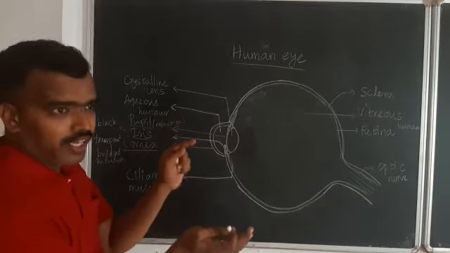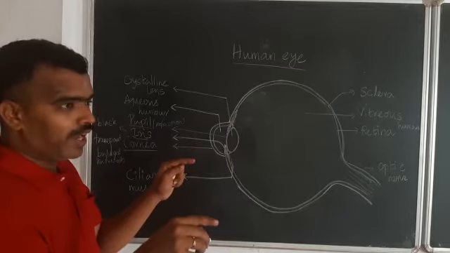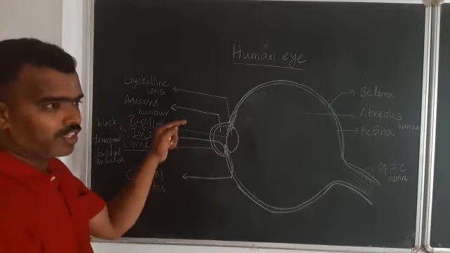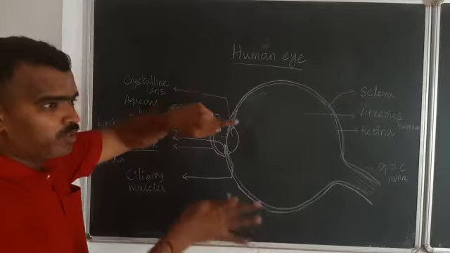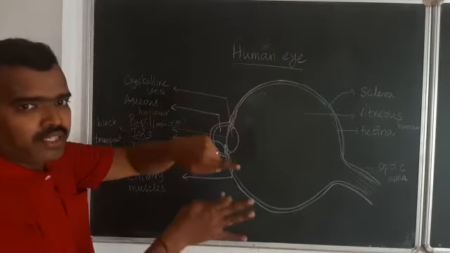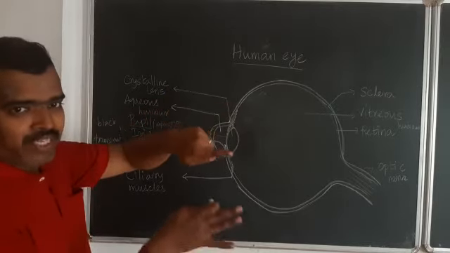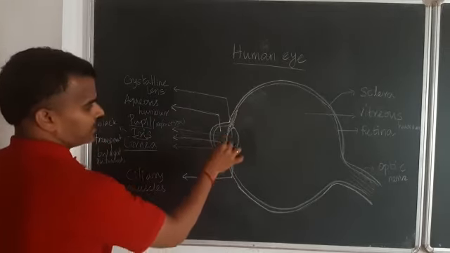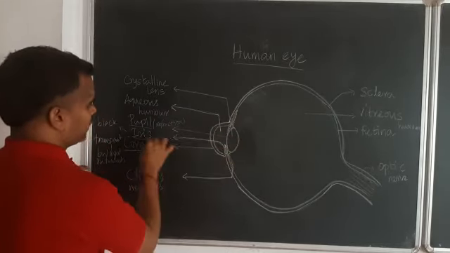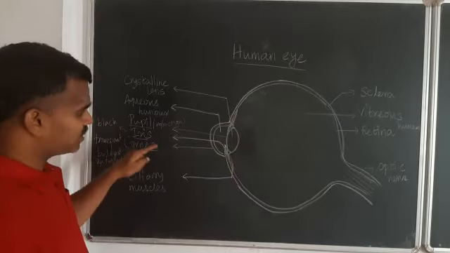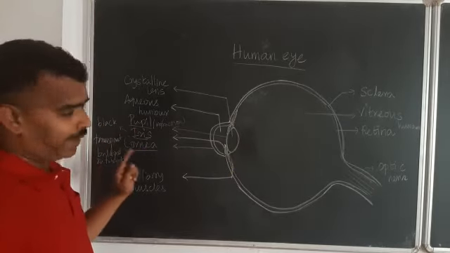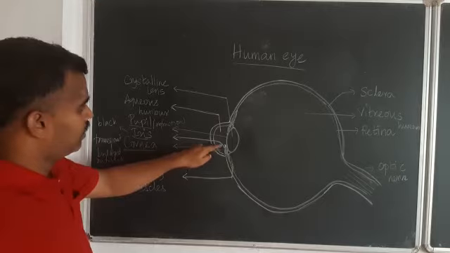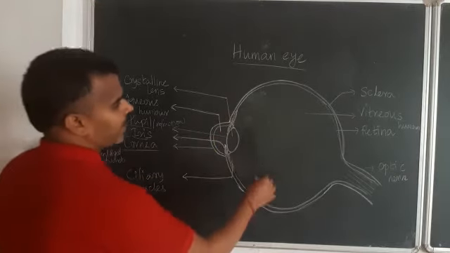Just like a big hole can be adjusted by closing it with papers, similarly the hole of the pupil can be adjusted by the iris. This iris is also a black colored diaphragm.